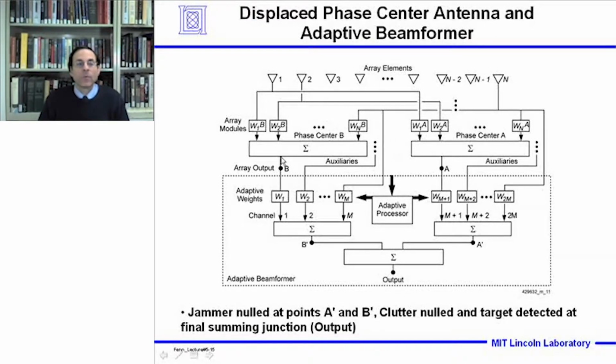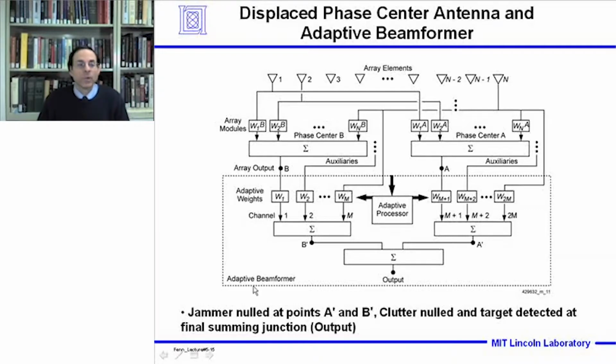So we're basically forming an array output B and A, and a set of auxiliaries that are used in suppressing interference. We then have a set of adaptive array weights in each phase center that are controlled by the adaptive processor, such that at positions B' and A', the jamming is canceled. And once we do a final summation of the two phase centers going through the adaptive phased array process, we have the jamming canceled and clutter canceled and the target detected at this output shown here.